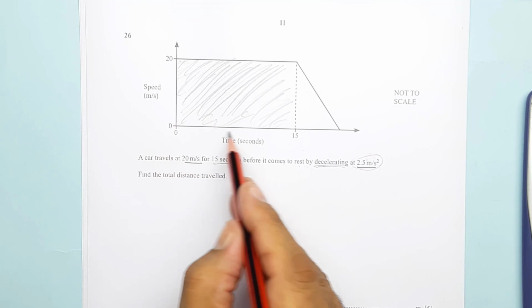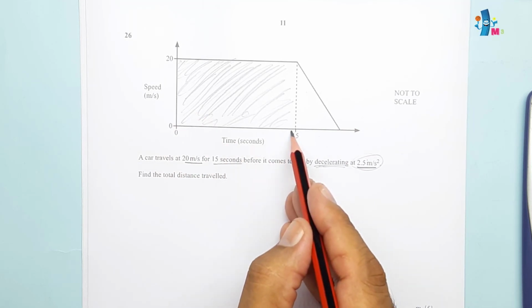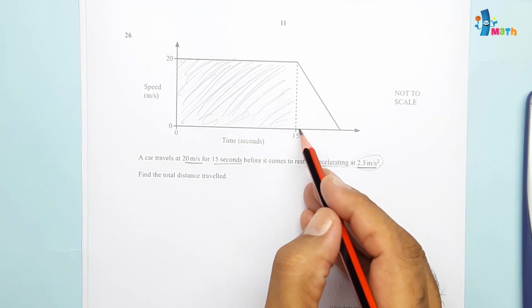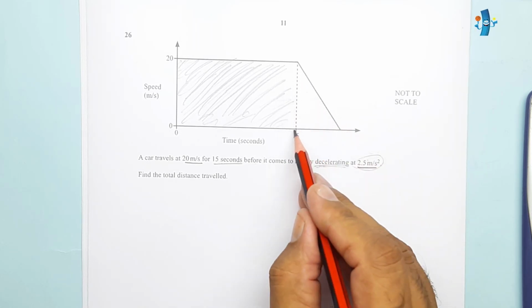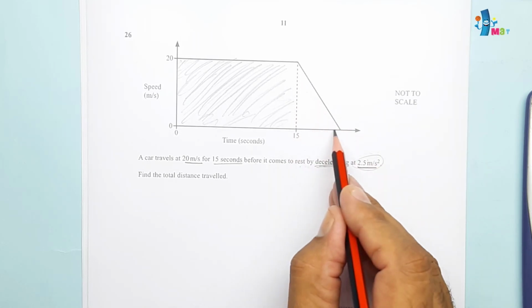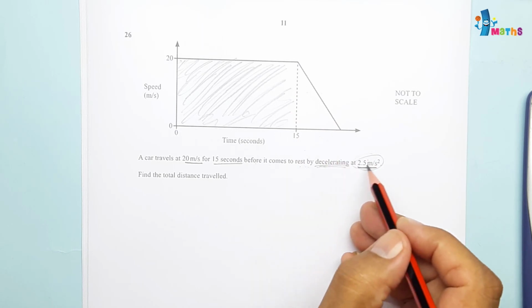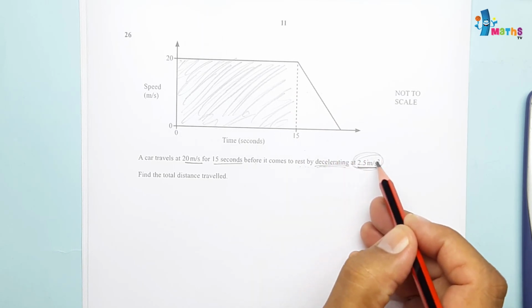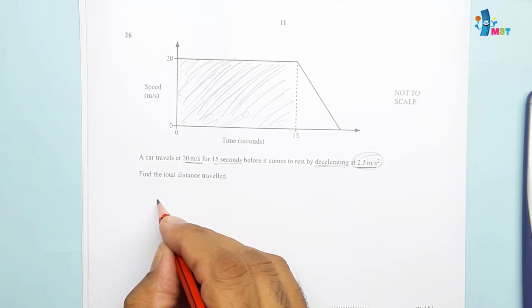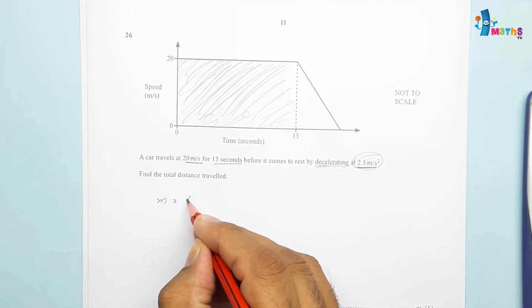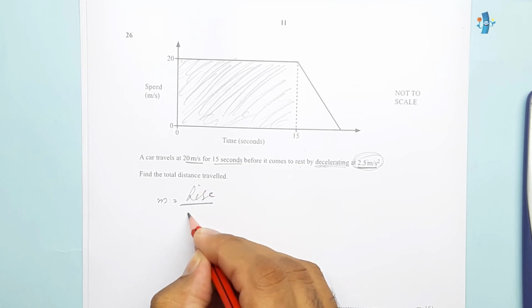For the rectangle, we have both sides to calculate area, but for the triangle, we have one side, but we don't have this base. So we will calculate this base from this information, that the gradient is this one. We know gradient is equal to what? Gradient is equal to rise over run.